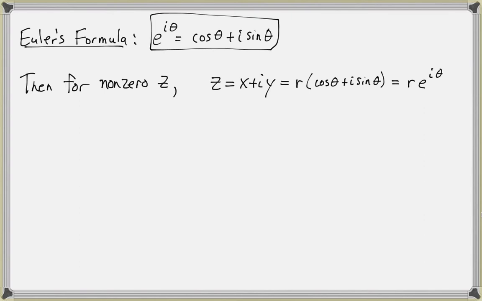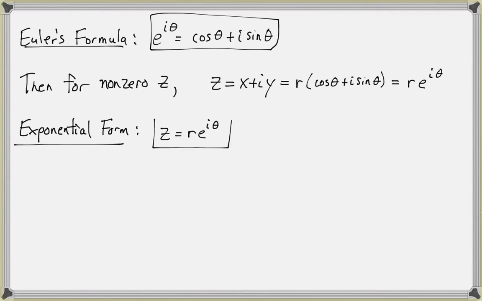And so this form of z is called exponential form. So z equals r times e to the i theta, where r and theta are the polar coordinates of z equals x plus iy.